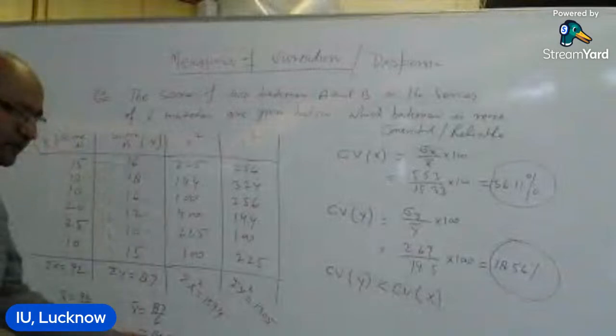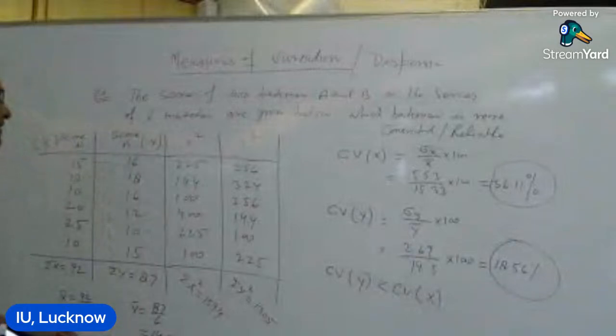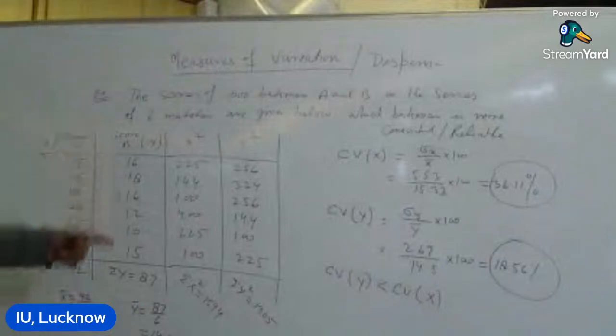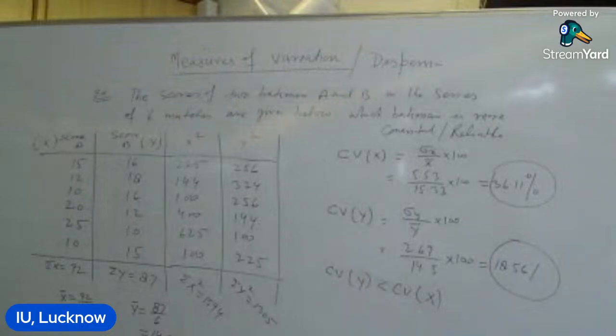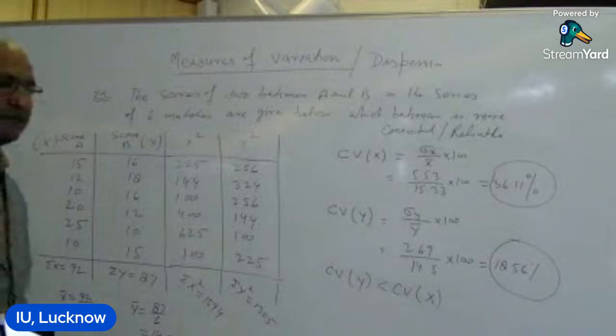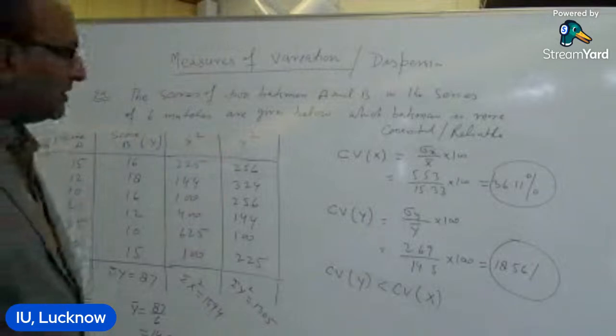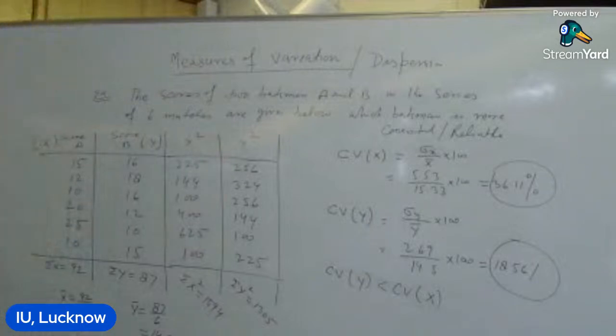So batsman A's average is better than the average score of batsman B. So you can say batsman A is better than batsman B, but not consistent. Batsman B is a consistent batsman, but batsman A is better.